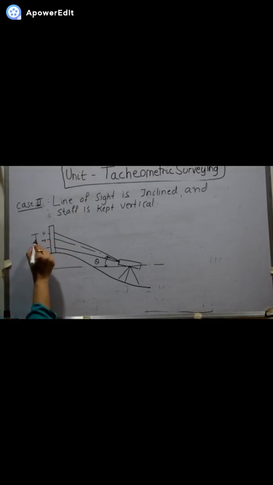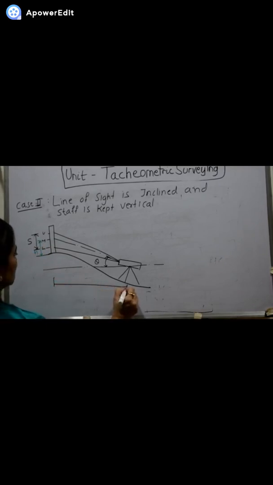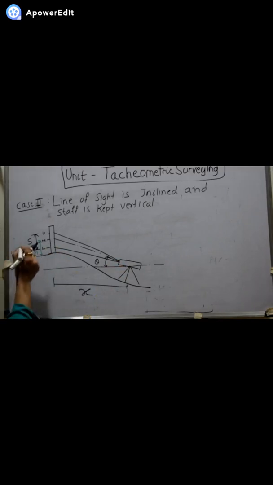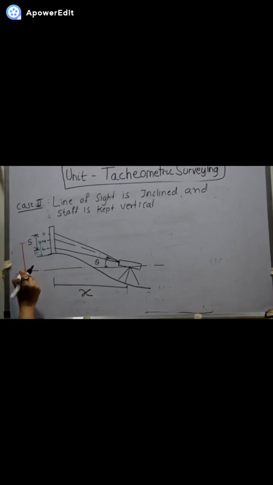This particular value is known as the staff intercept. From the middle hair to the base of the staff, the value is h. And this is the horizontal distance between the staff station and the instrument station. And from the horizontal line of sight, or from the height of instrument to the middle hair, whatever we get is the vertical distance of the particular station.